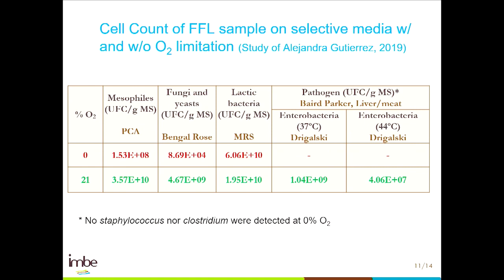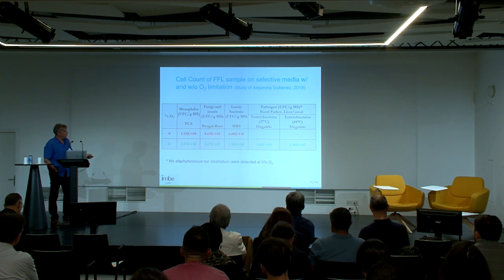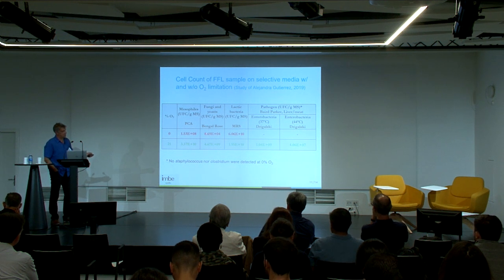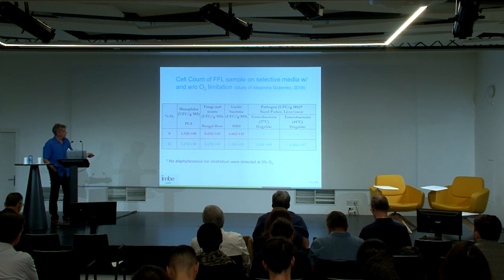In terms of microorganism characterization, a study by Alejandra Gutierrez in 2019 on selected media found a strong influence of oxygen on mesophiles. Fungi and yeast are very low in anaerobic conditions, but probably yeast as fungi can grow without oxygen. And lactic acid bacteria are impacted by the oxygen concentration here.